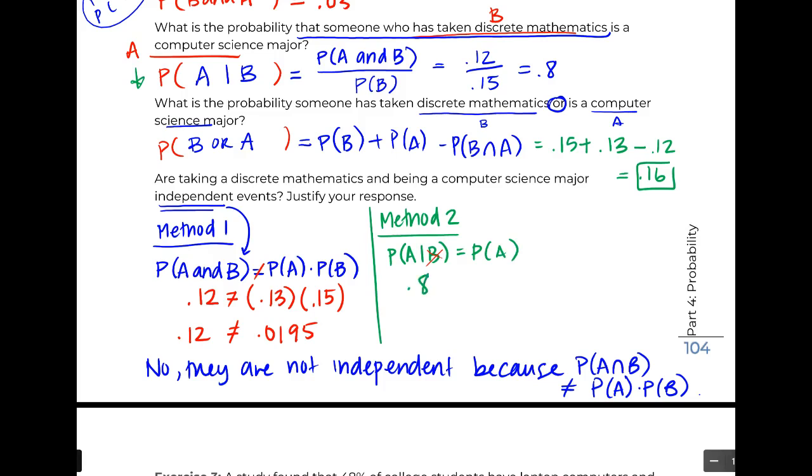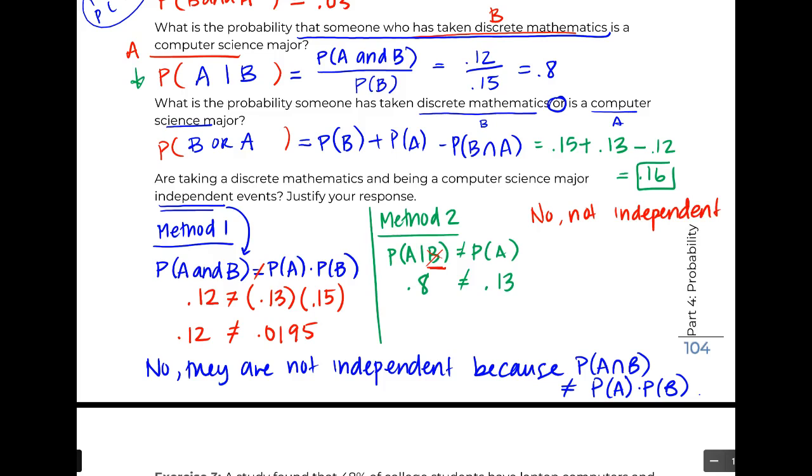We figured this out as 80%. Probability of A was given to us as 13. These are not the same, so again, we could say they're not independent. But here I even like this because we have a little bit more information. They're not independent. We can even say the B made it much more likely to have A, right?